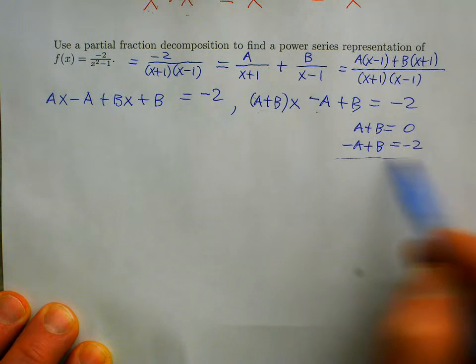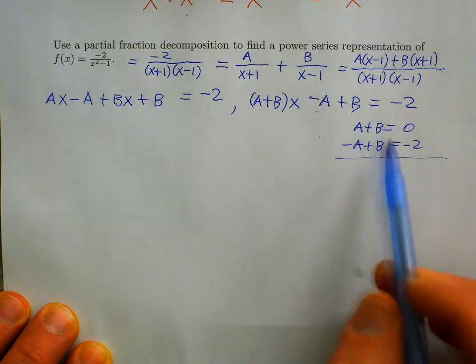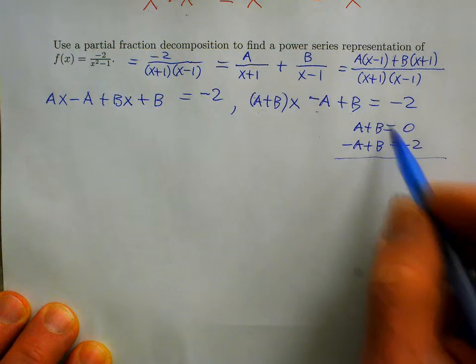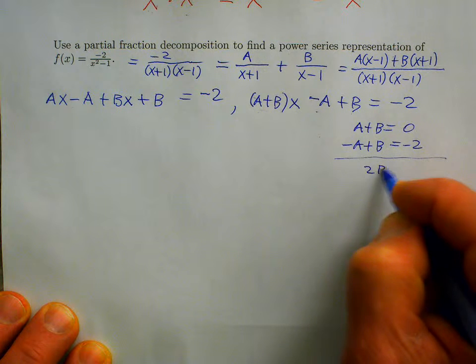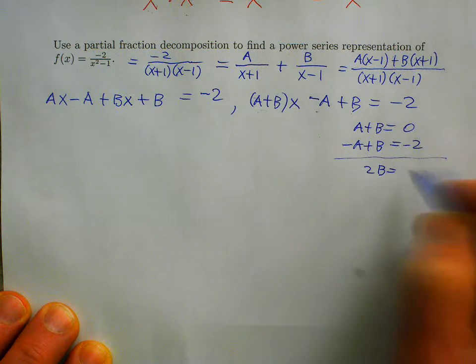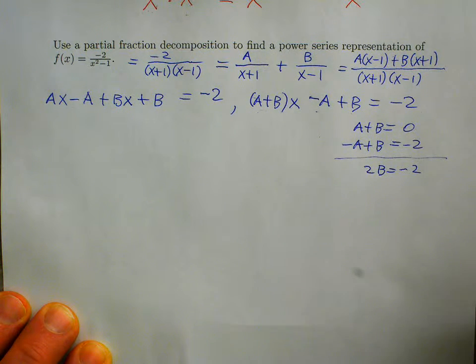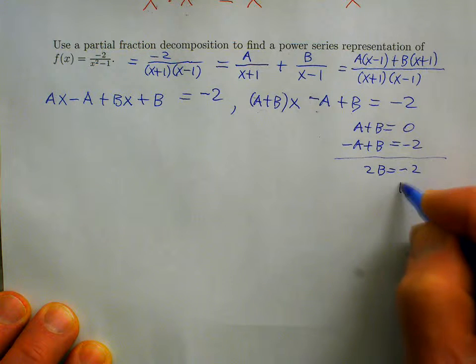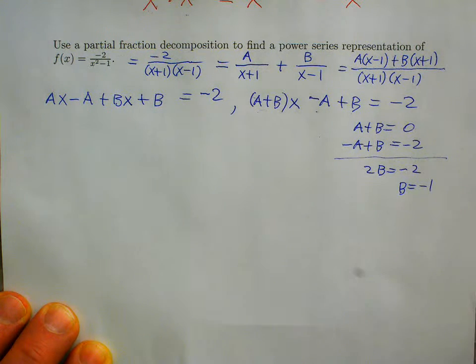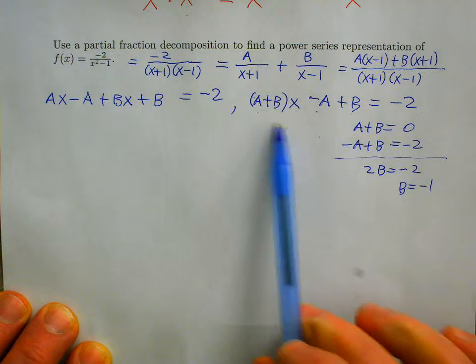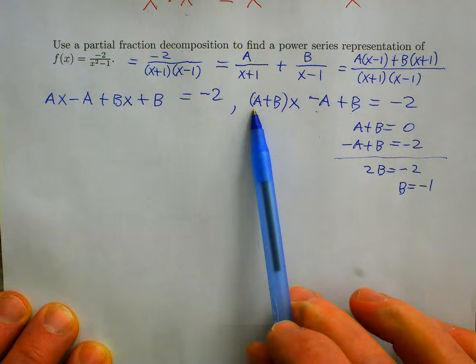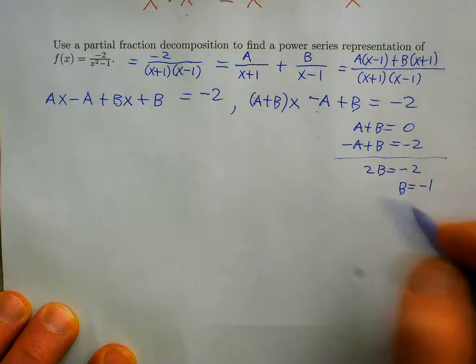When we add these two equations, a plus negative a is 0, b plus b is 2b, 0 plus negative 2 is negative 2. So we get b equals negative 1. And that means a has to be positive 1.